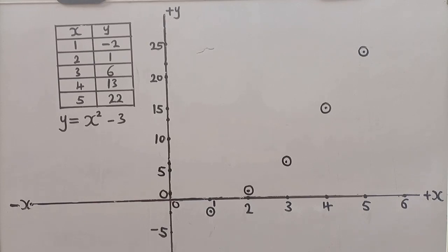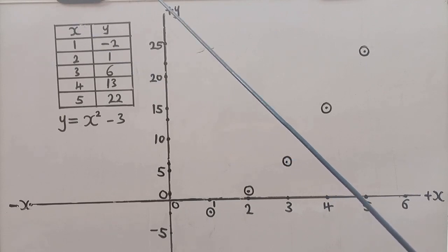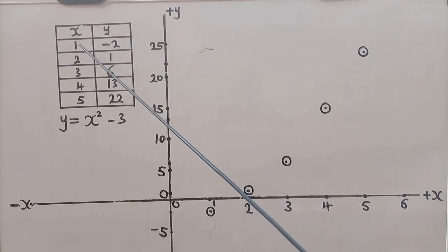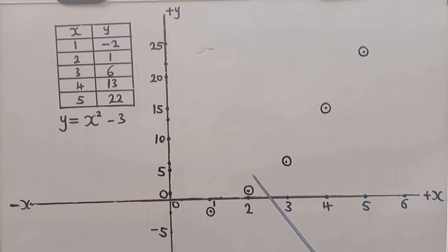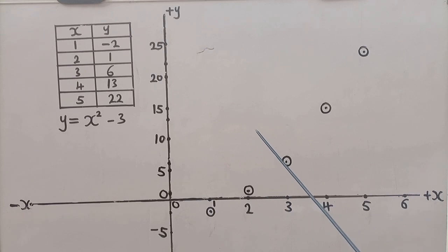First, we look at the values on the table. This 1 corresponding to x is here. This dot corresponds to 1. And 1 produced -2 as the value of y. That means that if it is 1 here, it must be -2 on the y-axis. What is -2? From here to here is -5.